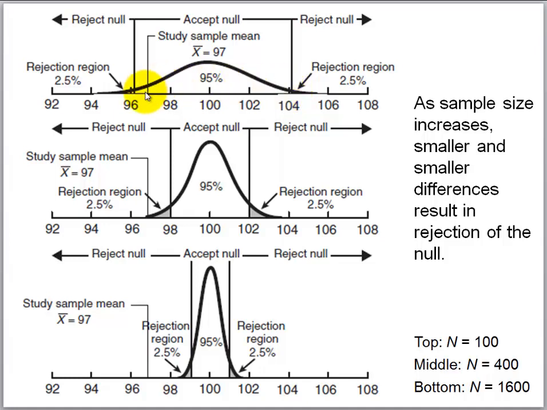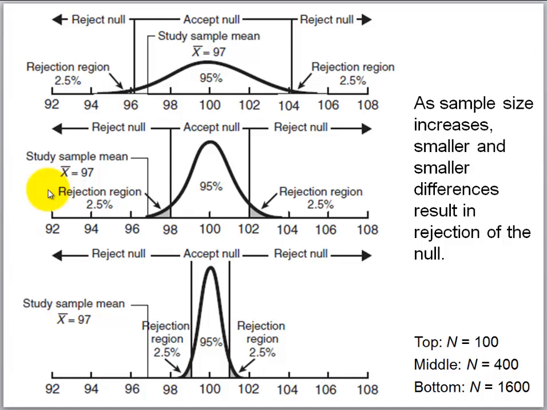So in this example, the study sample mean is 97. So the study sample mean is not far enough to the tails of the sampling distribution for us to reject the null. It's not in a rejection region. So therefore we fail to reject. Now the middle distribution shows a sample size of 400.